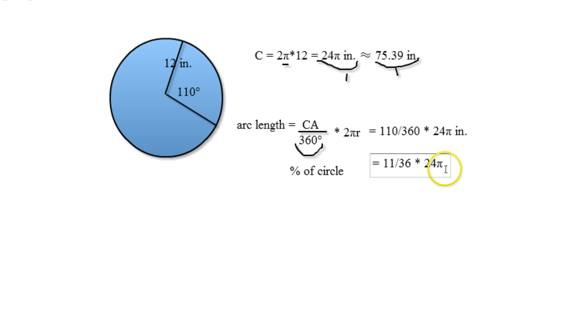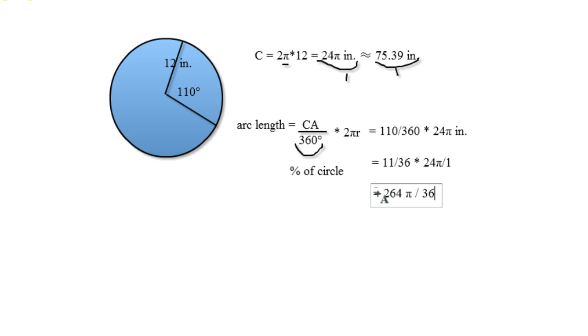Now if I treat that as 24 pi over 1, I can just multiply straight across, and I would get 264 pi over 36.